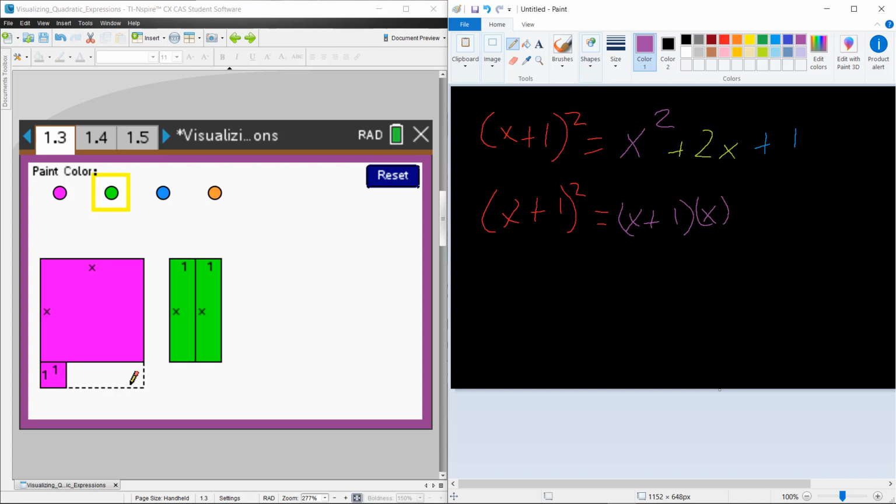So that little area that we have removed would be x minus 1. So that's that section. And then we have the plus 2x that we had before. So we can add to that plus 2x. So we have that section as well.